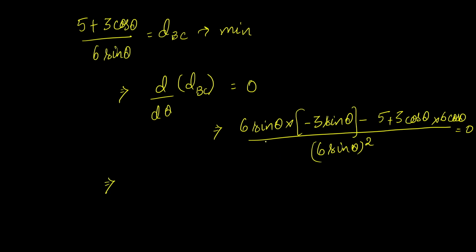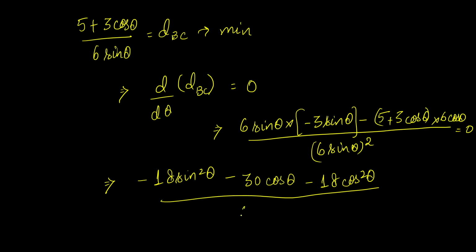That will be equal to minus 6 times 3 is 18 sine square theta, minus, this is actually within the bracket, 6 multiplied by 5 is 30 cos theta, again minus 6 multiplied by 3 is 18 cos square theta, upon (6 sine theta) whole square. That must be equal to 0.